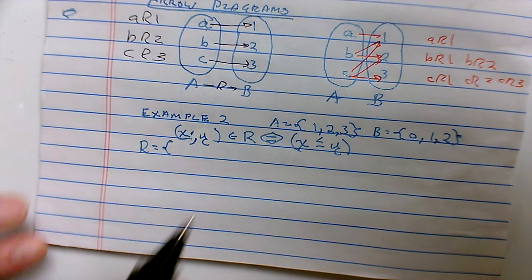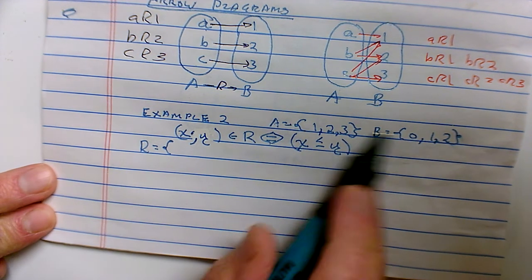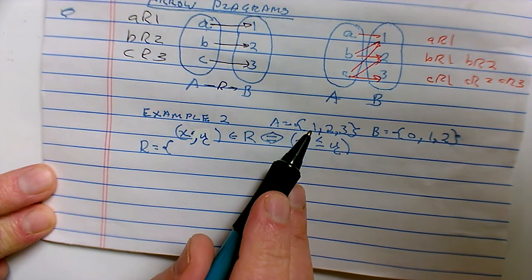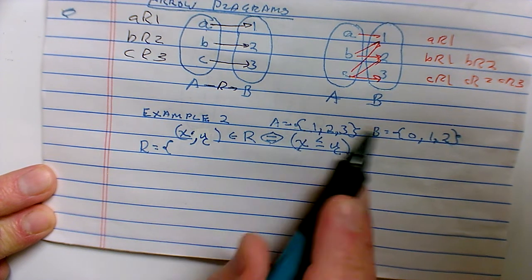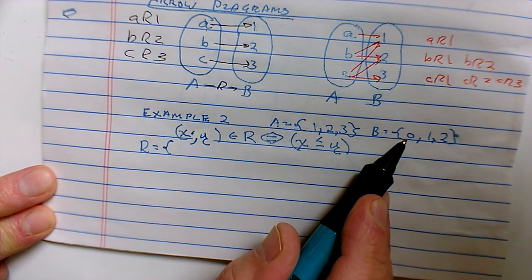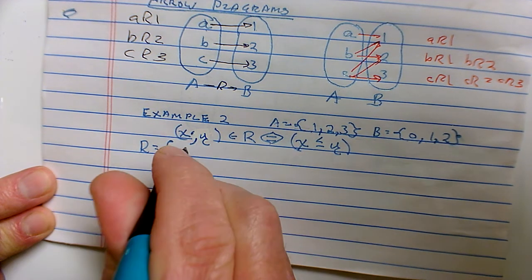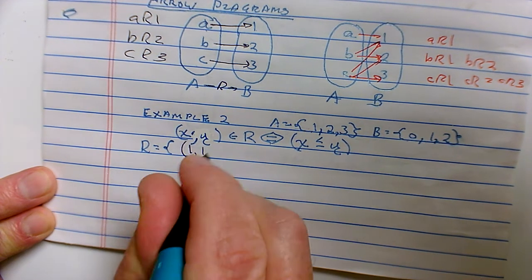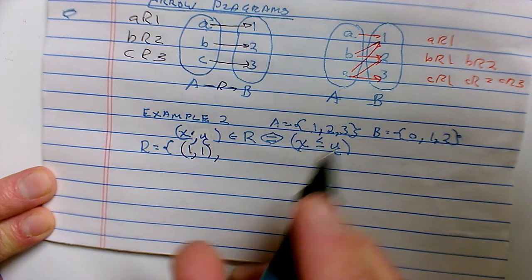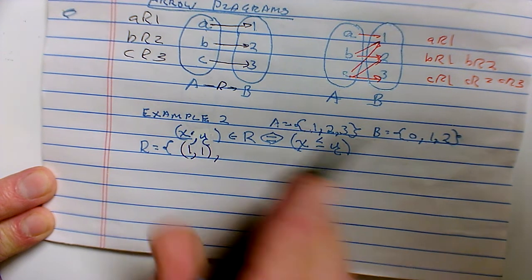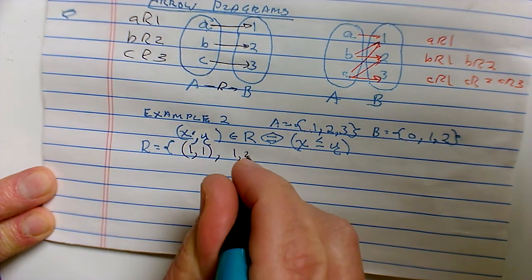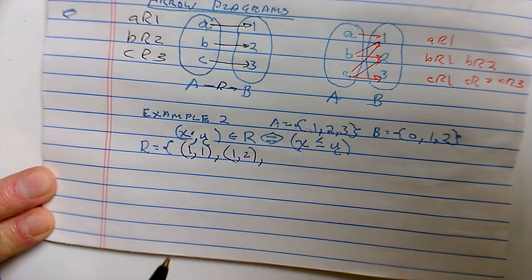Well, if we go through these elements in here, 1 is not less than or equal to 0, but 1 is less than or equal to 1. So the ordered pair (1, 1) would be in the relation. 1 is less than 2, so the ordered pair (1, 2) is in the relation.